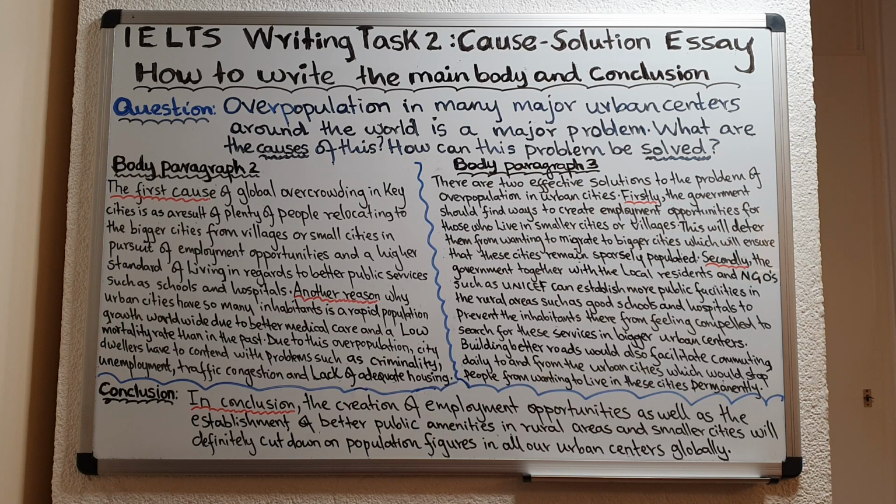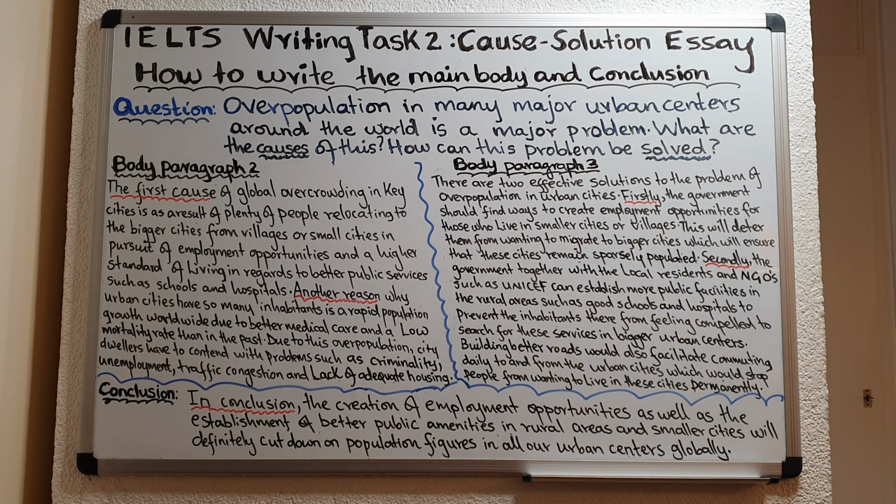In this one, I'm now talking about building better roads. Building better roads would also facilitate commuting daily to and from the urban cities, which would stop people from wanting to live in these cities permanently.